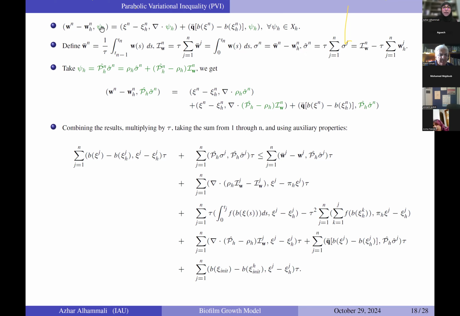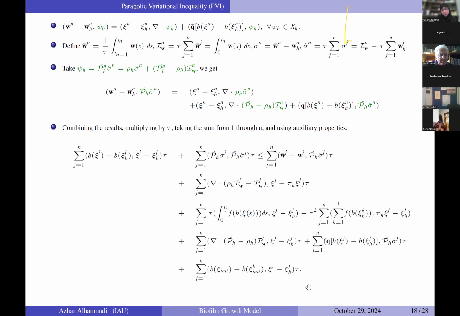So now we replace this test function by the L2 projection of this error, which can also be written in these 2 terms. We get this equality. We need now to estimate each term of these by the definition of pi and rho. We combine the result with the inequality obtained from the previous slide, and then we multiply it by the time step size tau and take the sum from 1 through n.